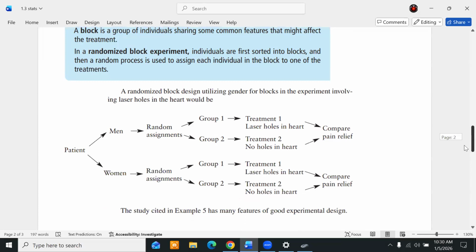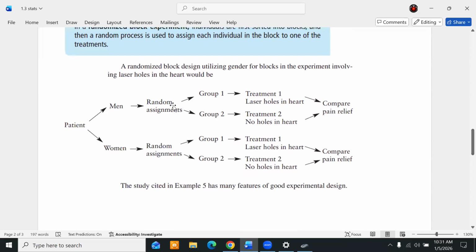So what you see before, I'll let you look over this on your own. This is a sample of a randomized block design. Notice, without going into it in detail, you have a patient, and they've been divided into men and women. Then within those groups, you separate into group one. Let's take a look at the men branch here.